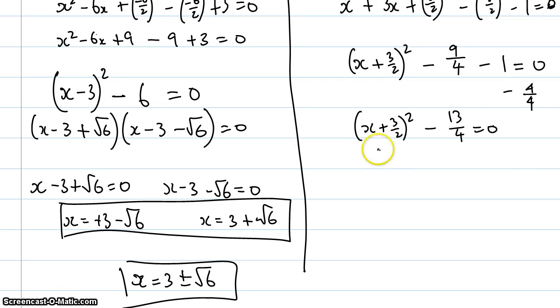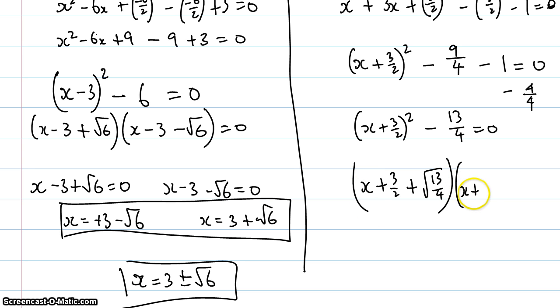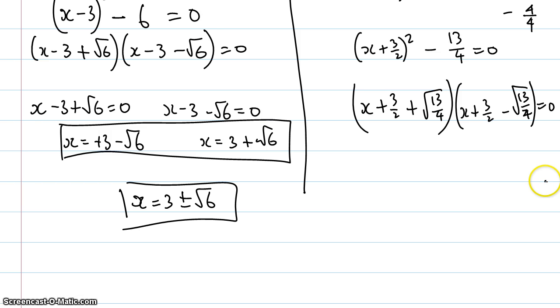So this ends up being x plus 3 on 2 plus root 13 over 4, x plus 3 over 2 minus root 13 over 4 is equal to 0. There's a couple of things that we can do at this point. One, we can turn this 4 into a 2, because I can say that this ends up being x plus 3 over 2 plus root 13 over root 4, which is the same as just 2.